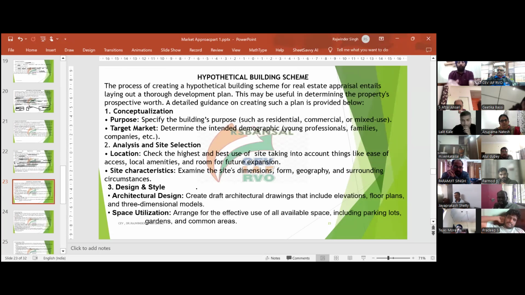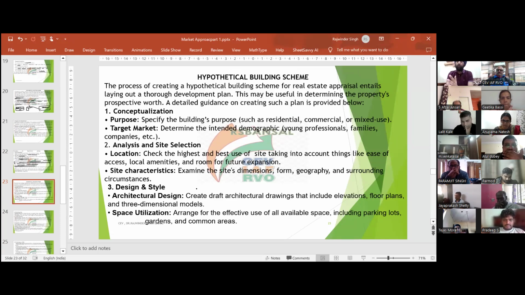Then next is hypothetical building scheme. So let us suppose you have an old bungalow in a commercial zone of the city.